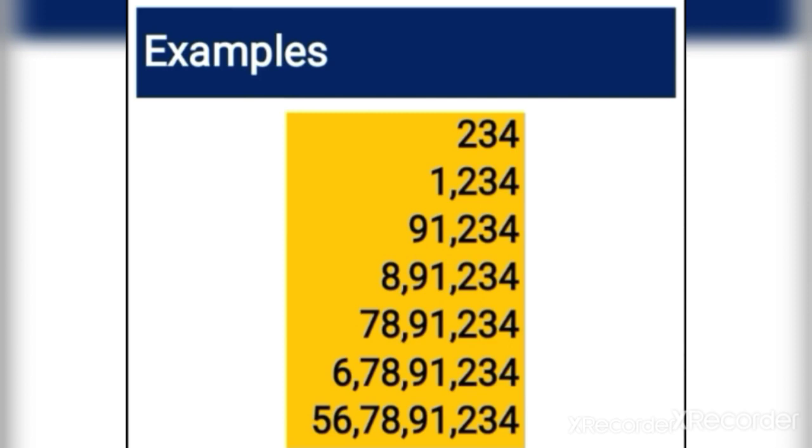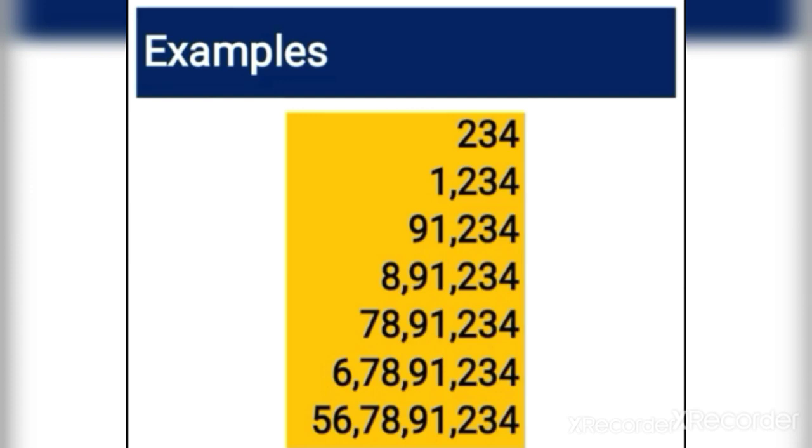Here we have a comma after 3 digits from the right and it marks 1000, 1,234. The third number is 91,234. The comma is placed to mark 1000, 91,234.